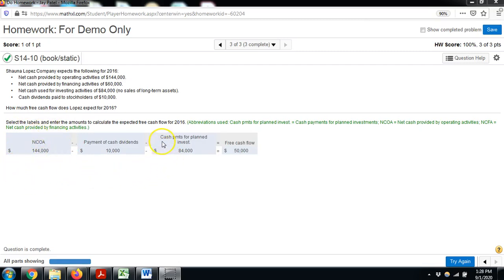And in this case, we use the total amount from investing activities, but there are sometimes where a business is investing heavily in growth, and so sometimes people want to just estimate what the kind of basic level of investment is in order to get a better idea what the free cash flow is for the existing business.